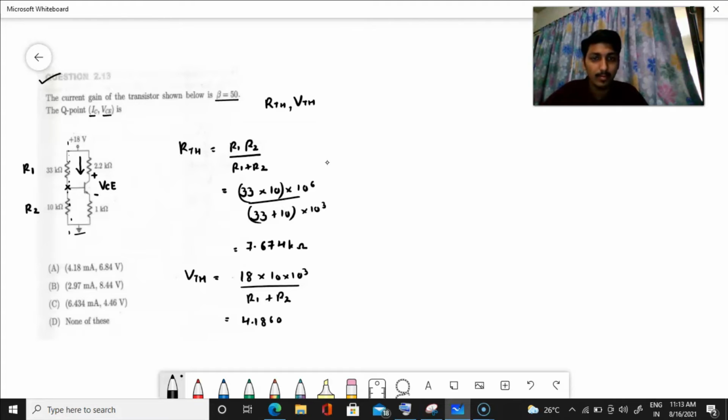Okay, so I am making the simplified diagram here.